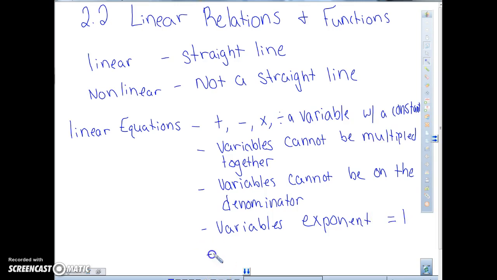And then the last thing that's pretty self-explanatory based on the definition above, that the graph of a linear equation is always a line.